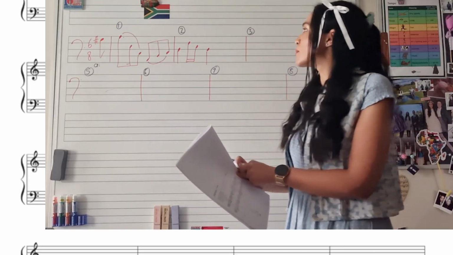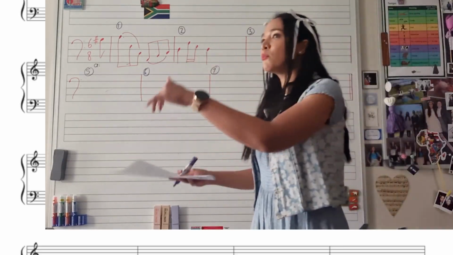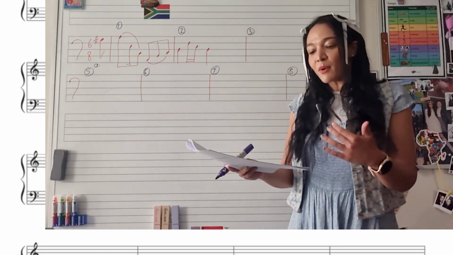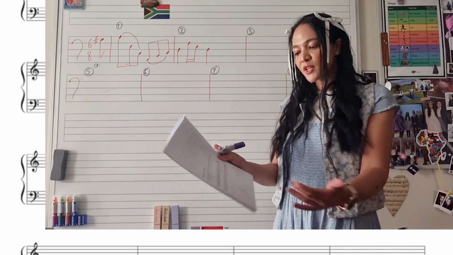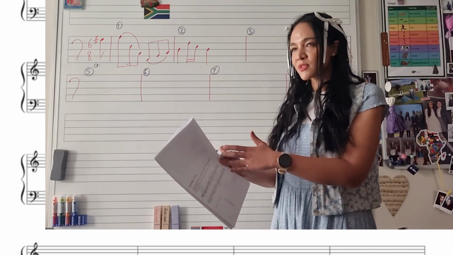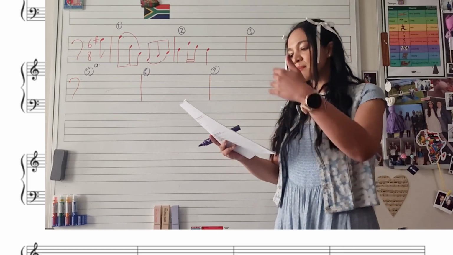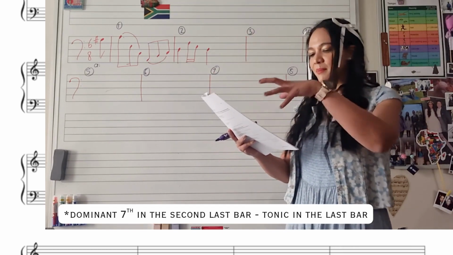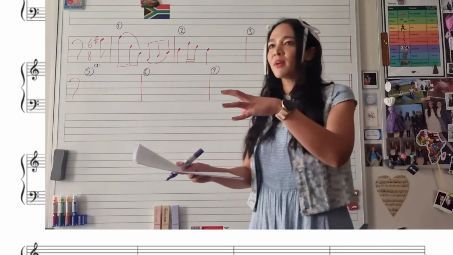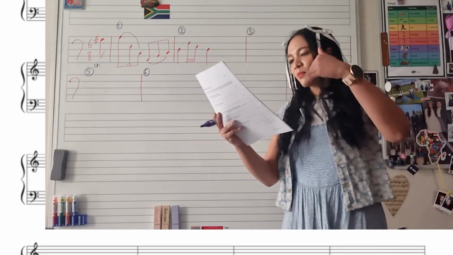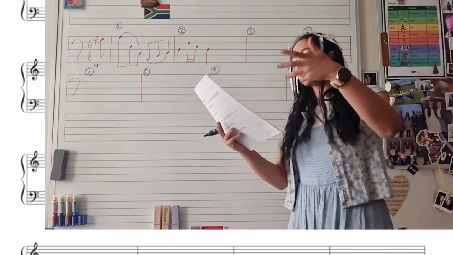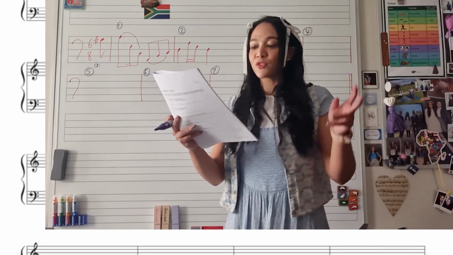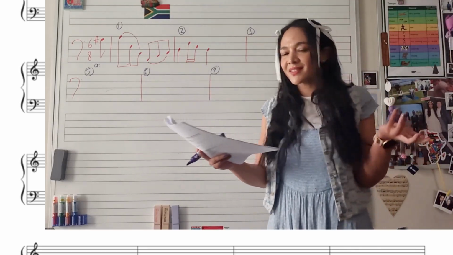Just a little heads up: when it comes to melody writing and even the 4-part harmony, the memos won't actually give you an example of what can be expected, because it'll just say maybe dominant 7th in the last bar going to tonic. Maybe it will give a little description of how the melody could go and how many marks you would get for adding meaningful articulation and dynamics, or how many marks you would lose if you don't have it there.